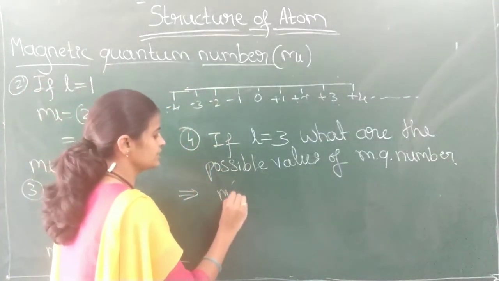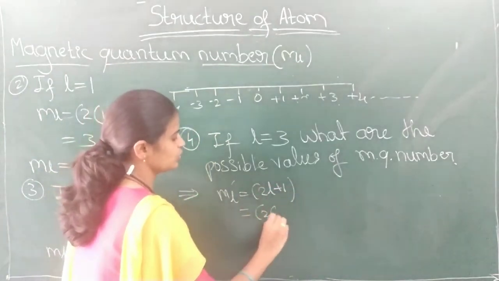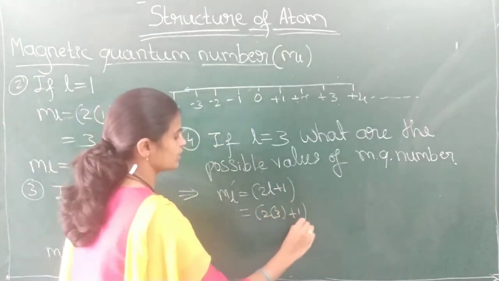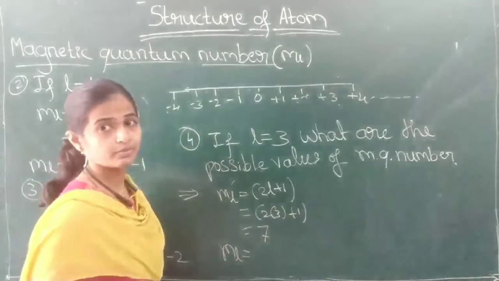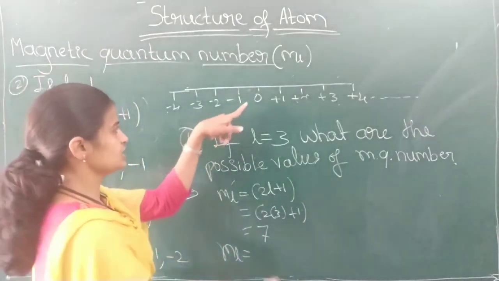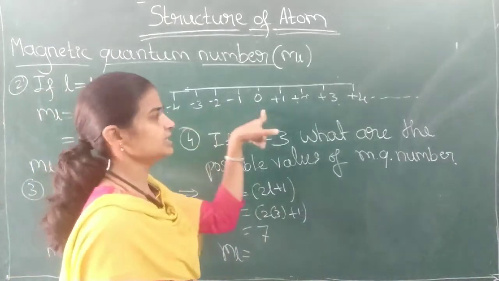ml is equal to 2l plus 1 is the formula. 2 into 3 plus 1 gives us 7. Now tell me what are the possible values of magnetic quantum number, students? 7 means the first one will be 0 and remaining 6, 3 from this side, 3 from that side.